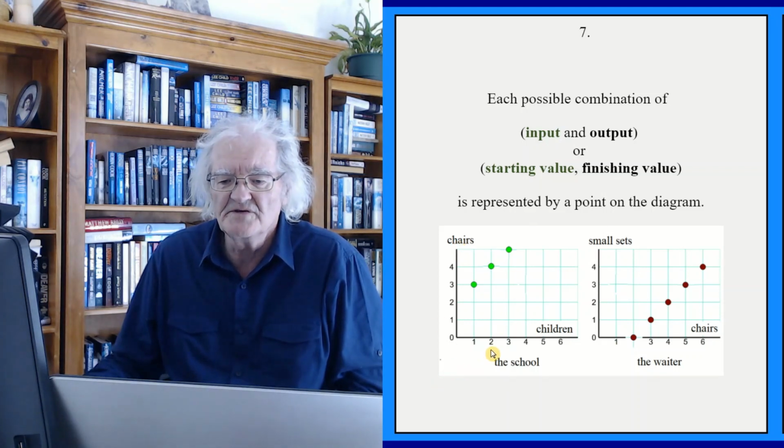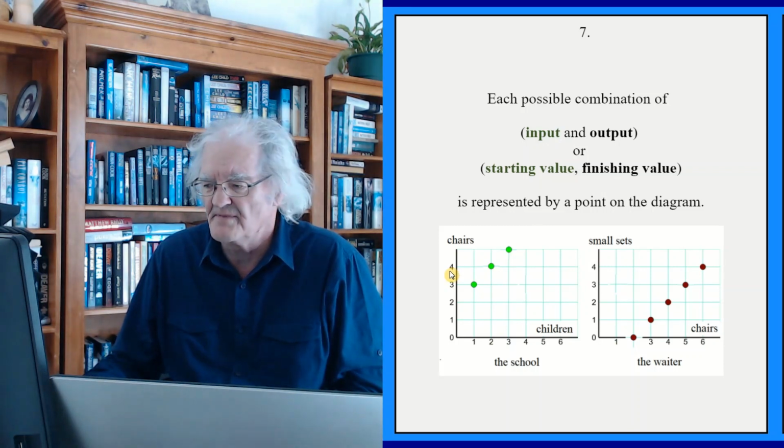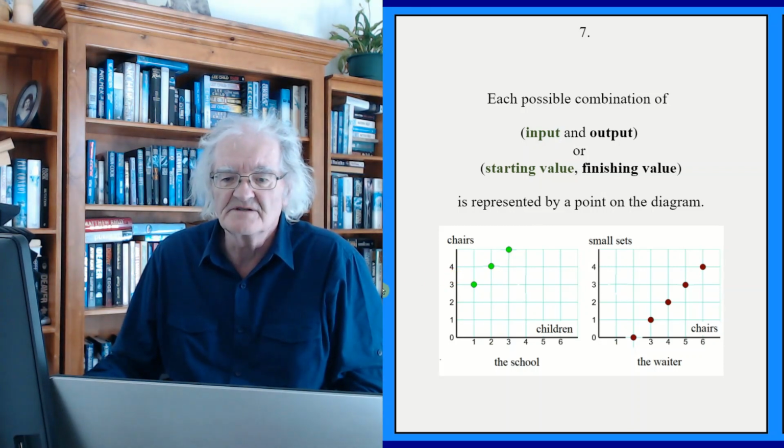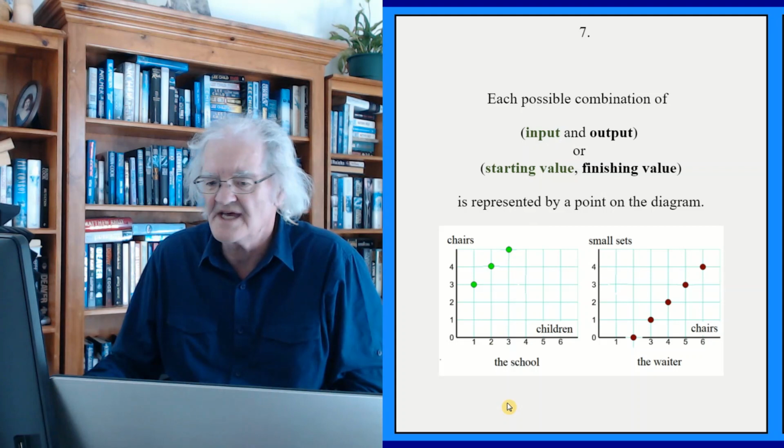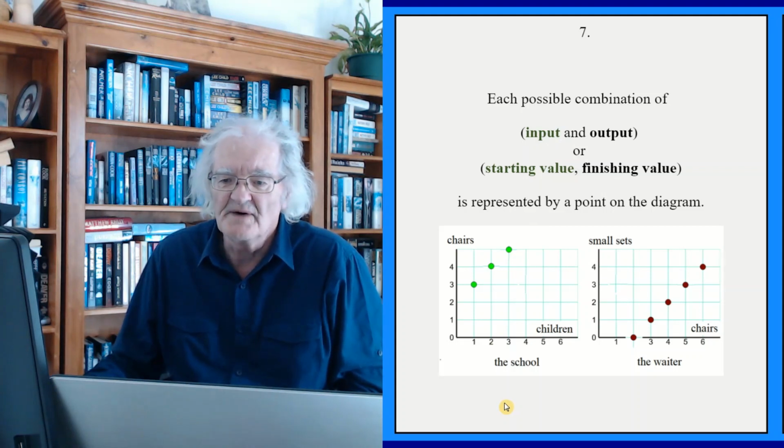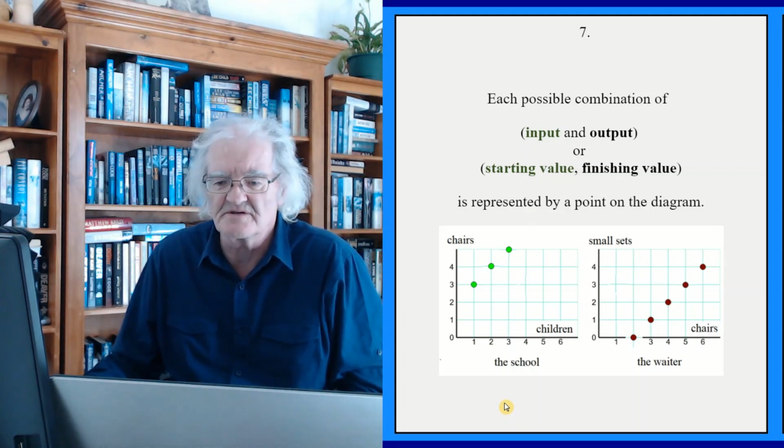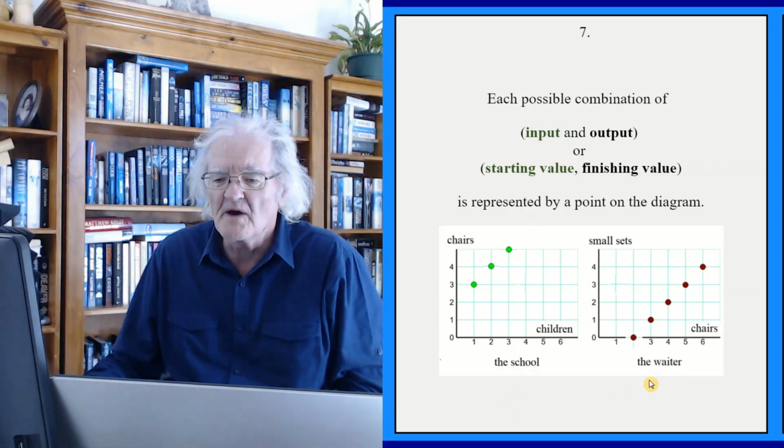If we have 2 children in the school, then the meeting will have 4 chairs to allow for both parents. Now, it's not essential that both parents attend, but we won't bother with complications like that. Now, for the waiter, if the waiter sees 4 chairs, they know to put out 2 of the smaller sets of cutlery.